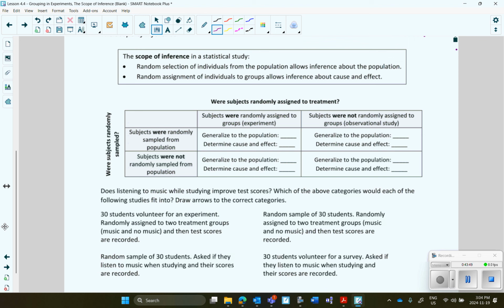If I do random assignment of individuals to groups, in other words, random assignment in an experiment, now I can make inferences about cause and effect. Okay. So like if I surveyed a sample of senior school students to ask them, how much sleep do you think you get on average every night?